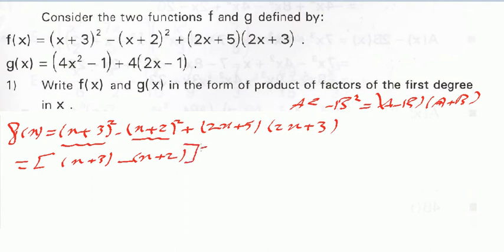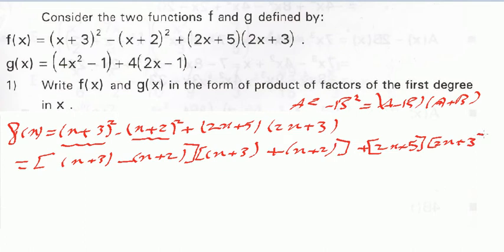Okay, the whole thing is multiplied by x plus 3, this is a also, but instead of minus, I have here a plus, and x plus 2. Okay, and plus, nothing should change here, 2x plus 5 multiplied by 2x plus 3.